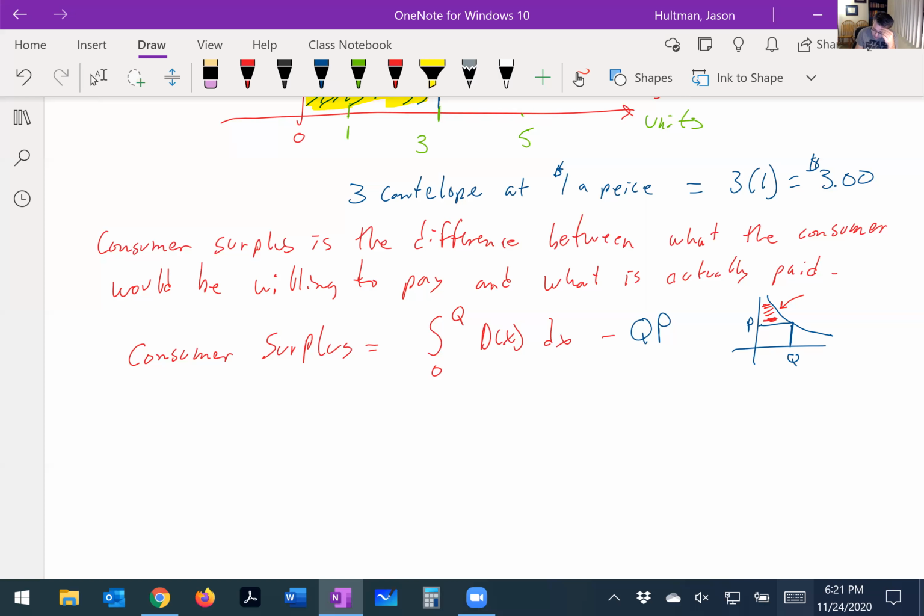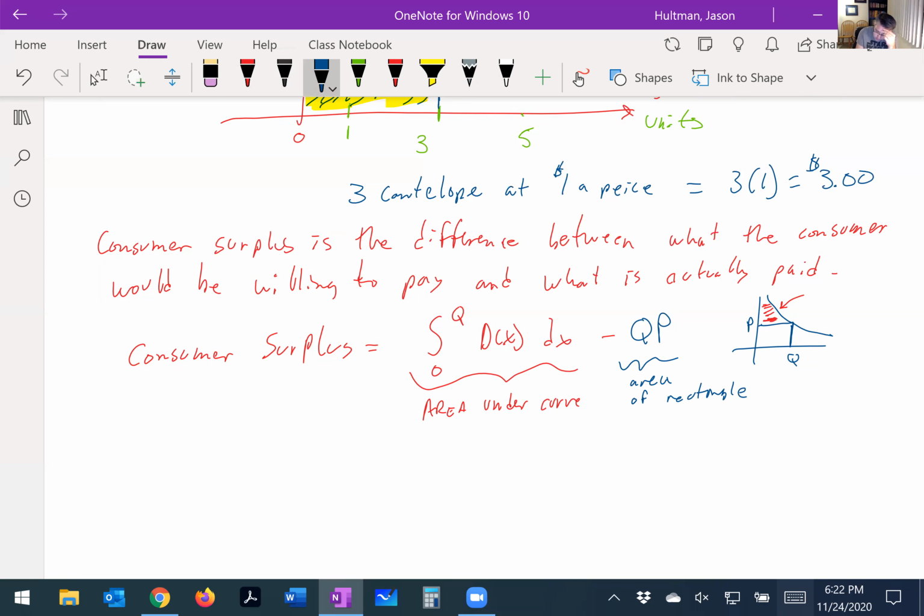Okay, so this is the area under the curve, minus the area of the rectangle. Okay, and this is going to be the difference between what?